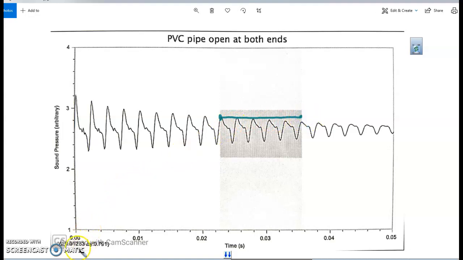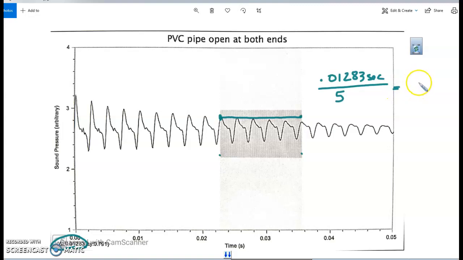And what we find down here is the time, when you tap and drag, this is the time from here to here. So you could look down here and try to estimate, but it just gives it to you. So our data is going to be 0.01283 seconds. Now that's divided by 5 cycles.